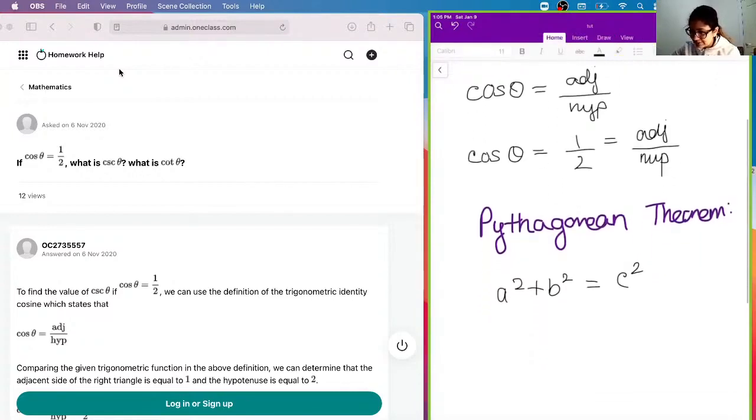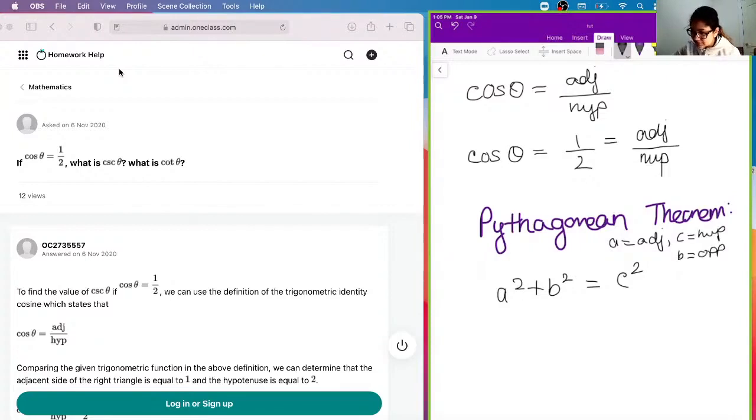We can then calculate the opposite side. Let's say A is our adjacent, C is the hypotenuse, and B is our opposite side.